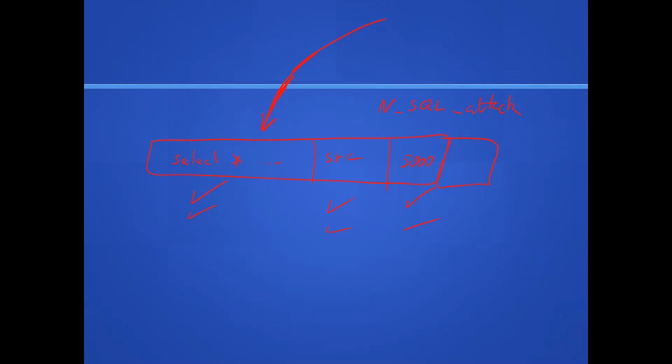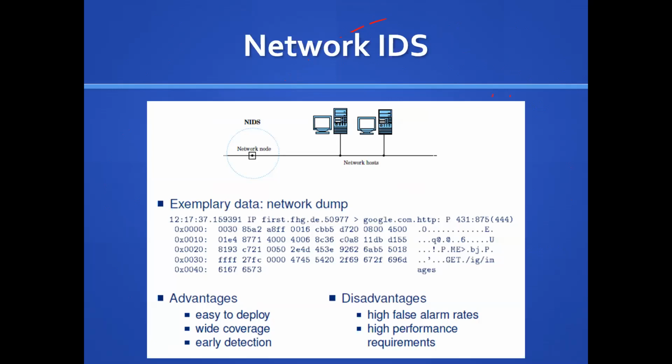All right, so now if we continue, and please stop me at any time if you have any questions or any doubts about anything, please. Okay. So now, network IDS, as I've talked about it from the location point of view, it just means that you have your switch over here, right? And then over here you have a node, and that node in the network is your intrusion detection system, okay?